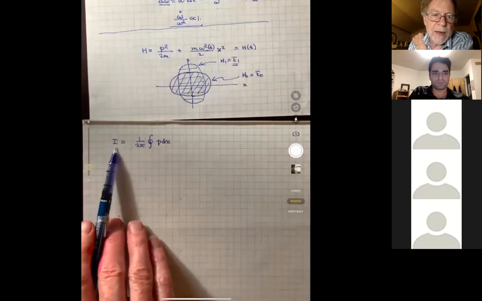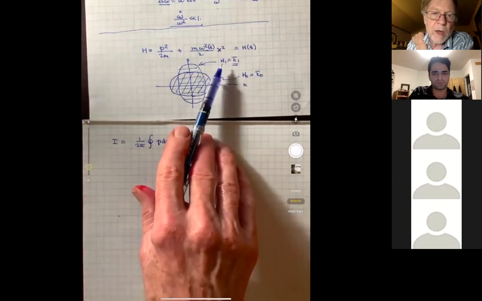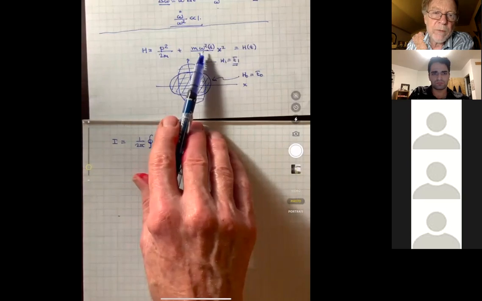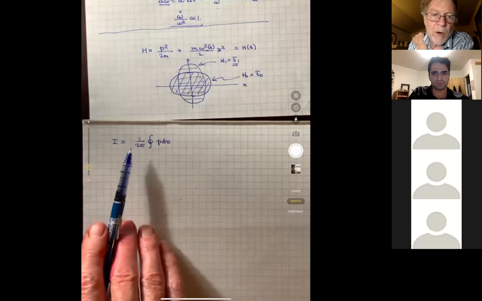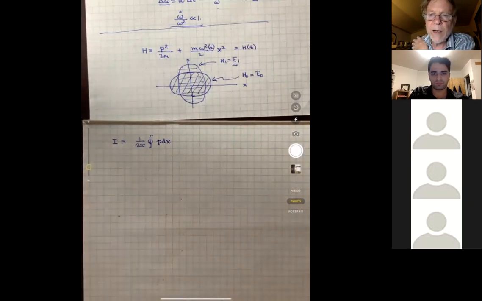So the conservation of action is never perfect over any finite rate of change from H0 to H1, that is to say, from some initial frequency to some final frequency. But the slower we do it, the more accurately the action is conserved. Now you can get into more refined theories to find out how the error, the delta I, depends on the slowness parameter.